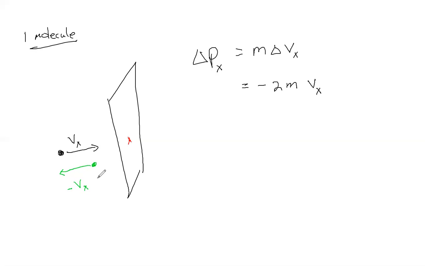Because it's final minus initial, there's a double negative and you end up with a doubling effect. This is the change in momentum of the molecule.